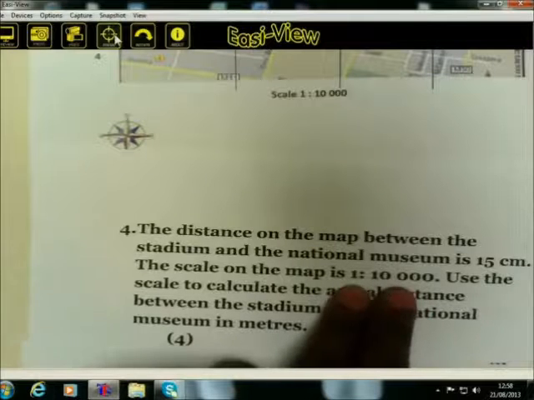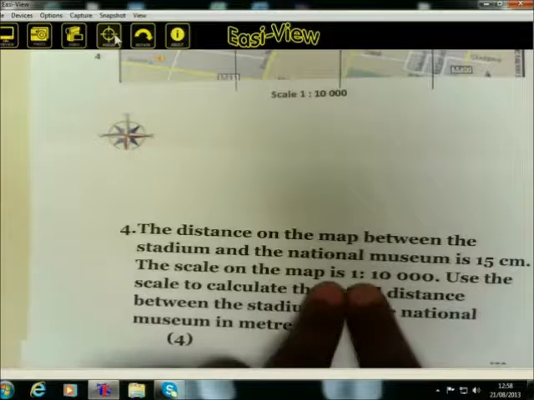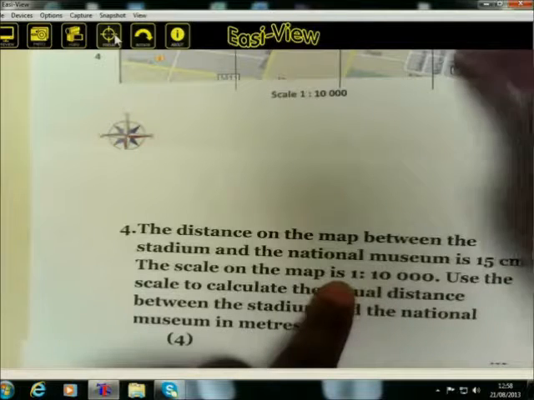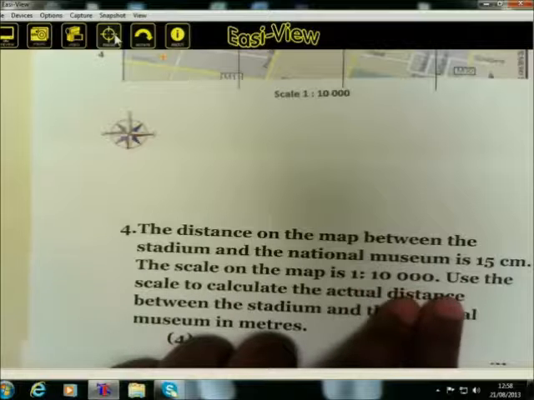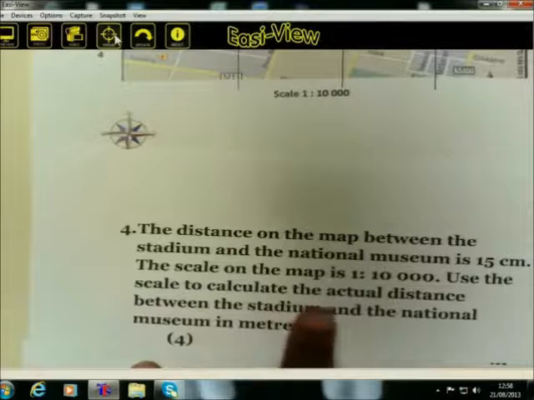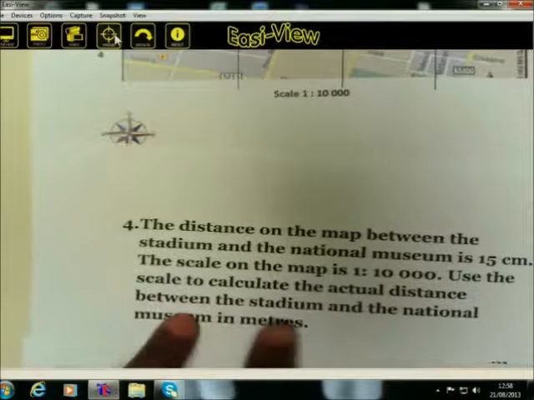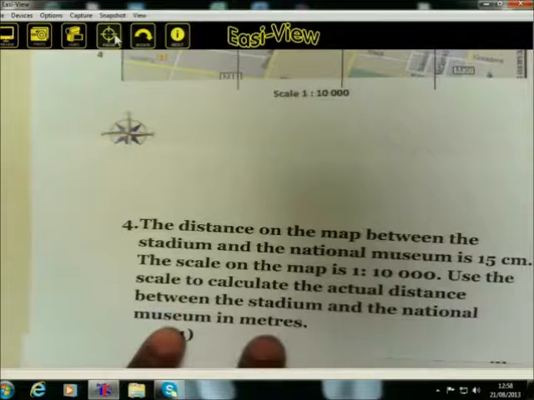And this will go again with the unit that is given to you in the question. If maybe the question was saying 15 millimeters, this would mean 1 millimeter on the map represents 10,000 millimeters. Please be careful.